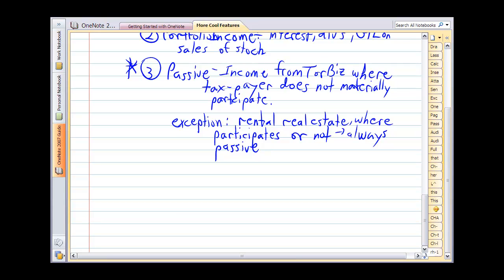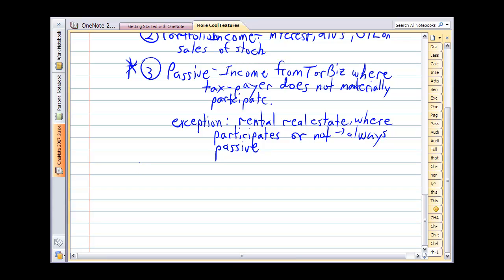All right. Okay, so now what do we do? I'm just going to refer you to some pages in the book real fast as far as the tests as to how the IRS determines whether you're actively participating or not.